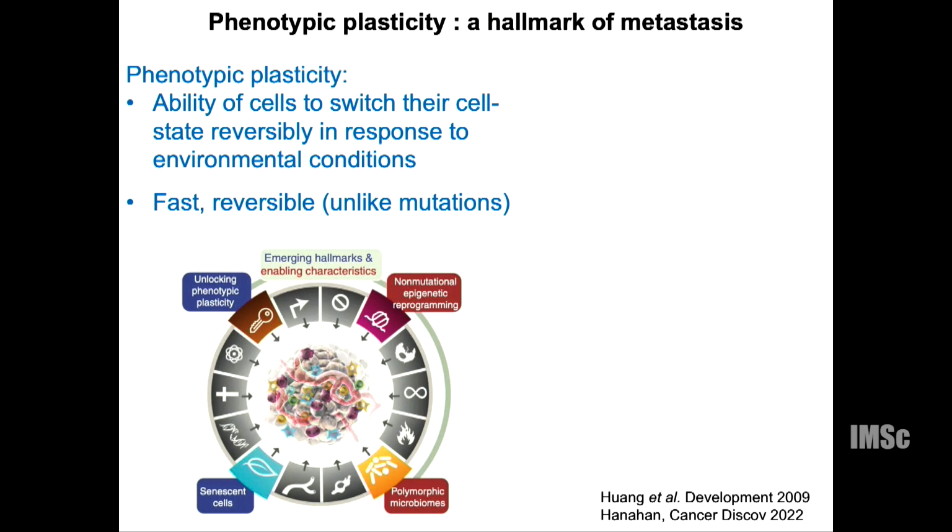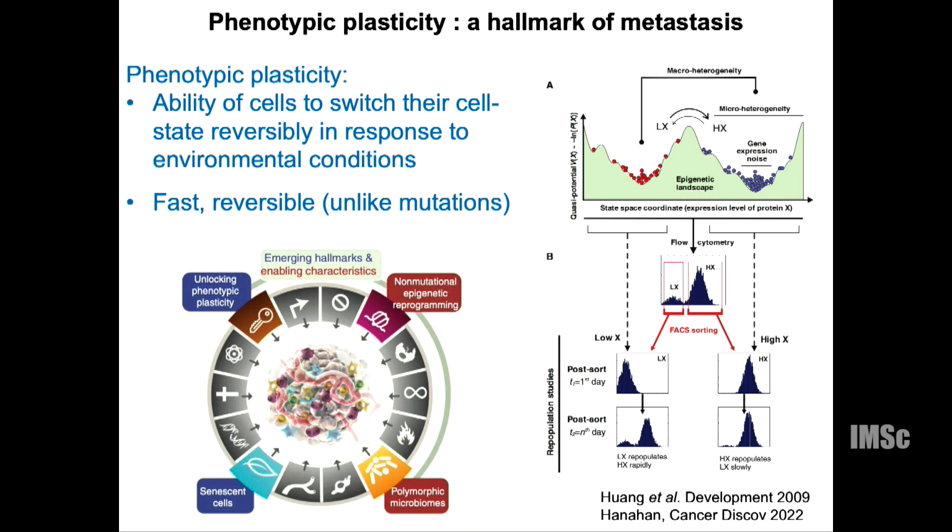So phenotypic plasticity has been identified more recently as one of these hallmarks of cancer, and what could happen as a consequence of this, again, an example we discussed yesterday. So let's say you have a cell population which you could classify as bimodal based on the levels of a given protein of interest. You segregate these populations and you think that these are homogeneous populations which will stay like that for a longer duration.